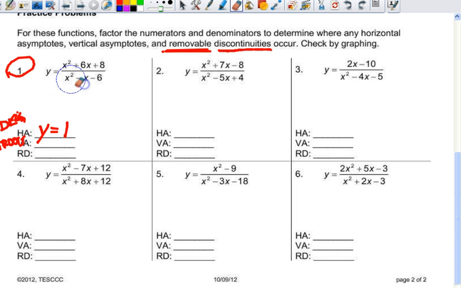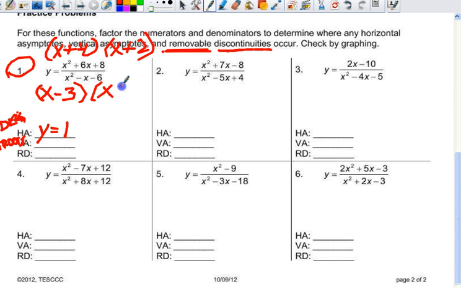So let's do the numerator and the denominator. The numerator is x plus 4, x plus 2. The denominator is x minus 6, x plus 5, how about x minus 3, x plus 2. Right? Negative 3 plus 2 makes negative 1. Negative 3 times 2 makes negative 6.